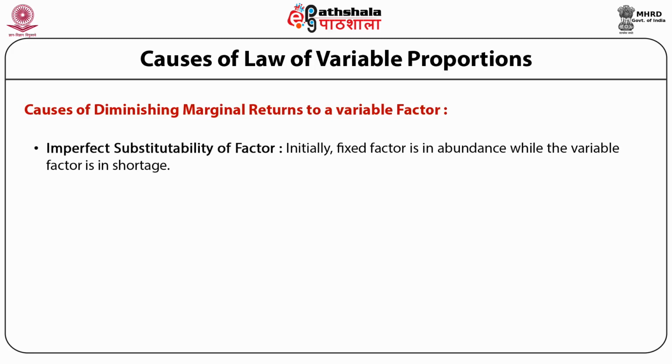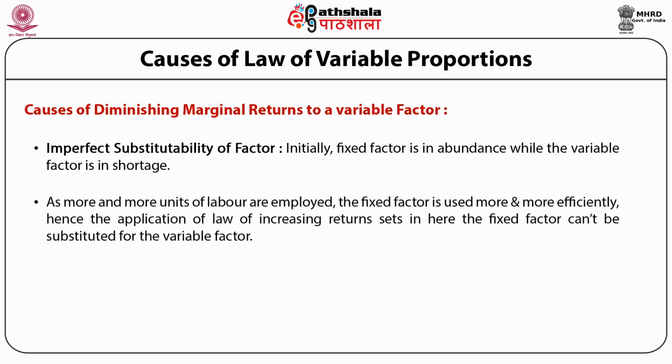Imperfect substitutability of factor. Initially, fixed factor is in abundance while the variable factor is in shortage. As more and more units of labor are employed, the fixed factor is used more and more efficiently. Hence, the law of increasing returns sets in here. The fixed factor can't be substituted for the variable factor.